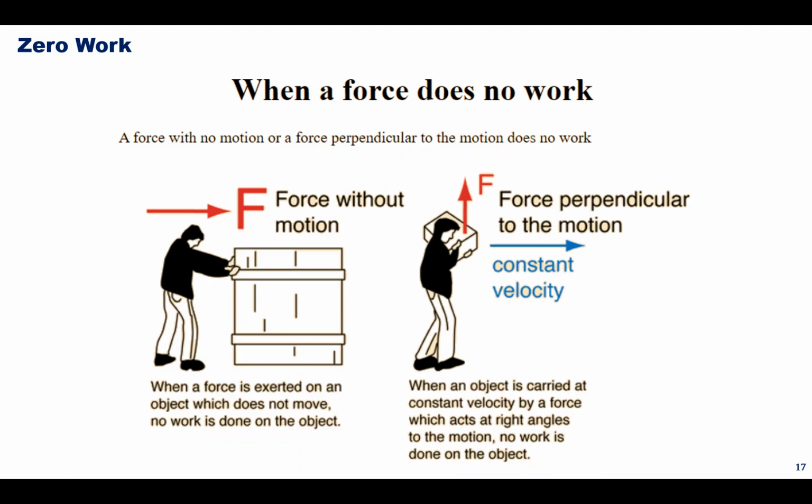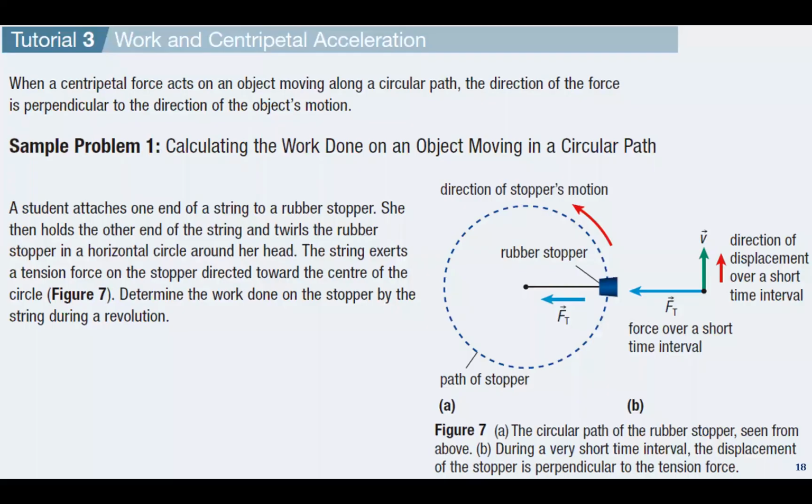Next, let's have a look at tutorial 3, in which we'll examine another example of a force that does 0 work. Let's consider this sample problem. A student attaches one end of a spring to a rubber stopper. She then holds the other end of the spring and twirls the rubber stopper in a horizontal circle around her head.